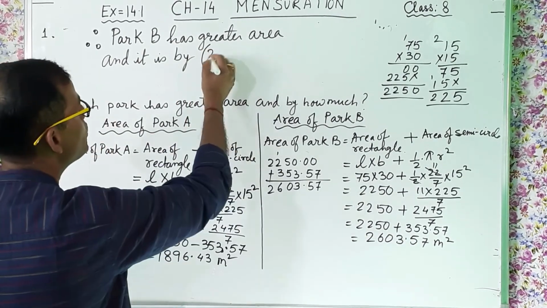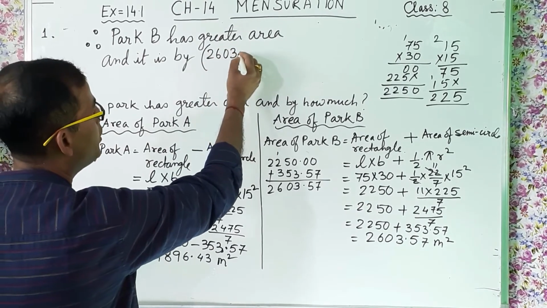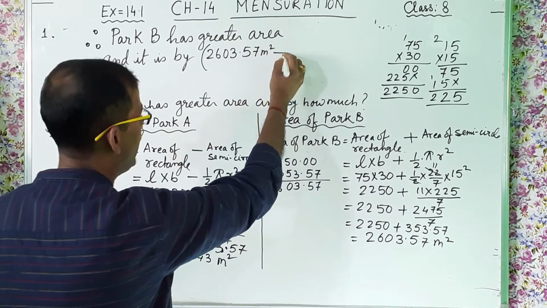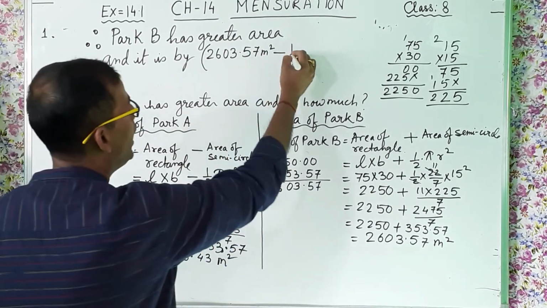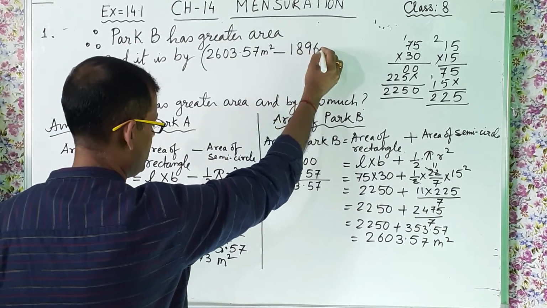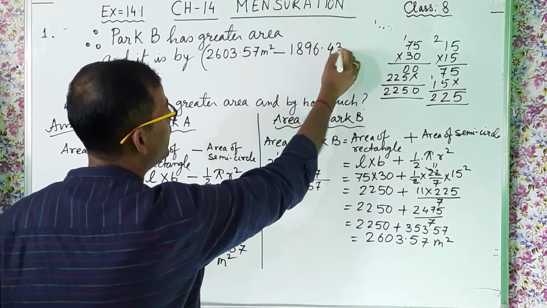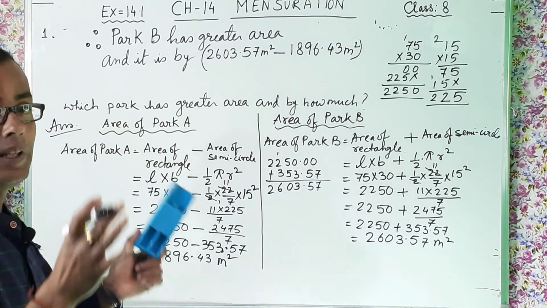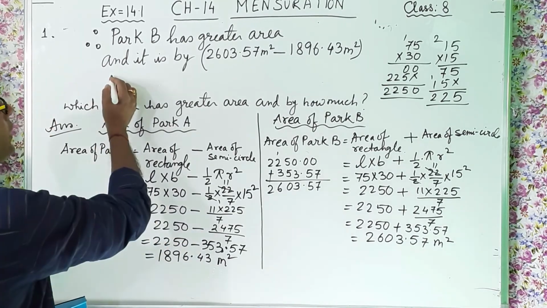So, 2603.57 meter square minus this one, 1896.43 meter square, and that we will keep it in bracket and then we will subtract.